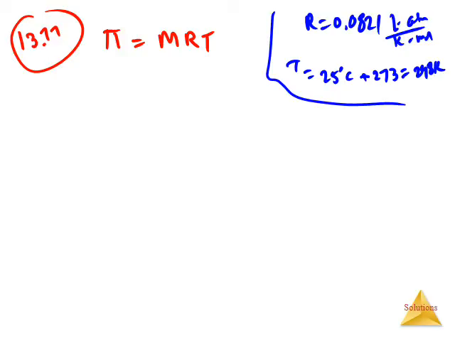Now in problem 77, they gave you 44.2 milligram of aspirin. So 44.2 milligram, let's change it to gram.